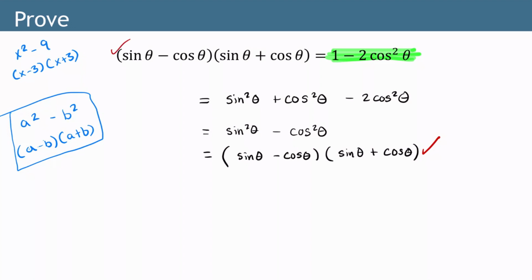Ta-da! That's what's on the left. So I've taken the right-hand side, manipulated it with algebra, and proven that I get what's on the left-hand side. So I've proven this identity is true. I actually used an algebra identity to prove this trig identity.